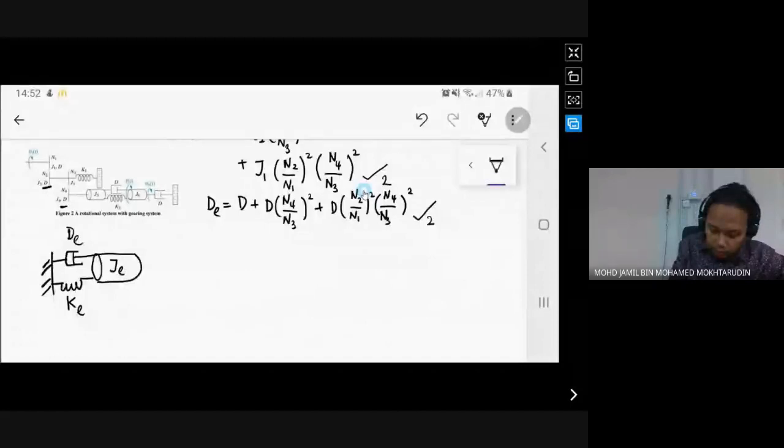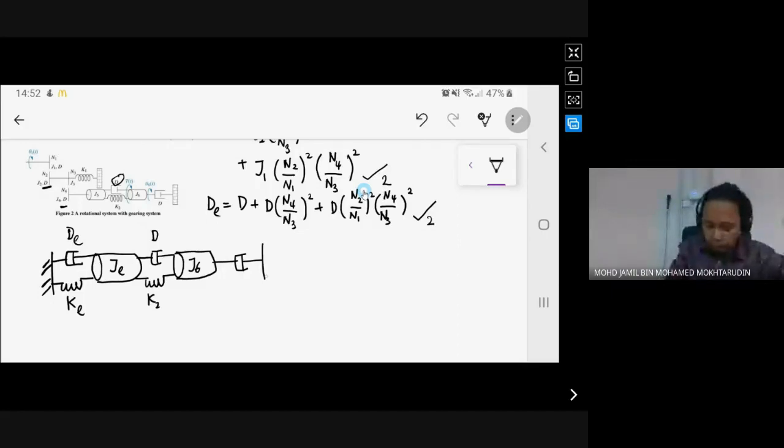And then this is connected to another damper. So this damper is from here and also connected to spring K2. And this is J6 and another damper here. So theta 6 is here and torque.